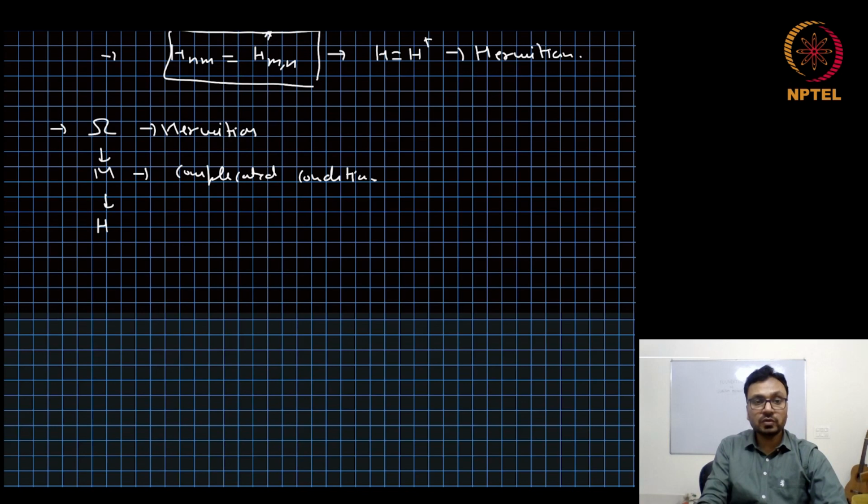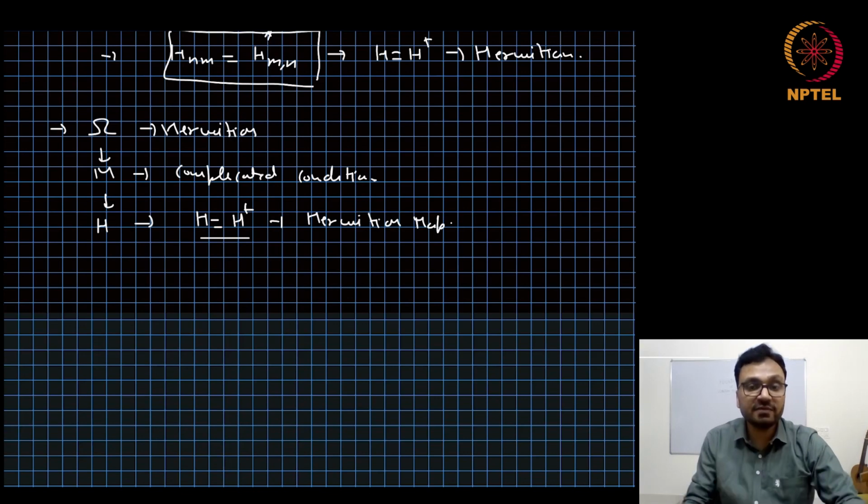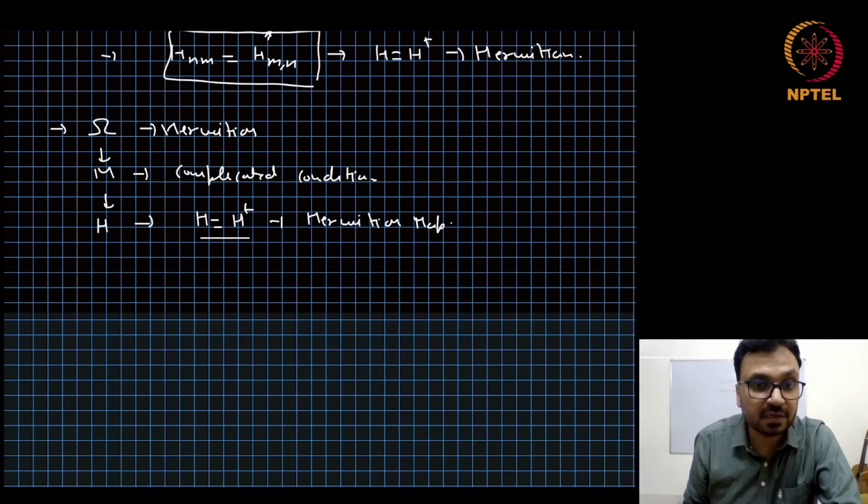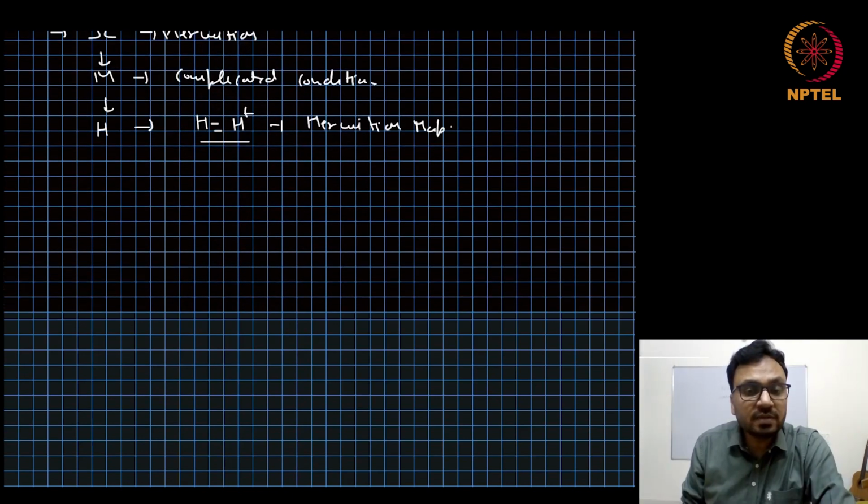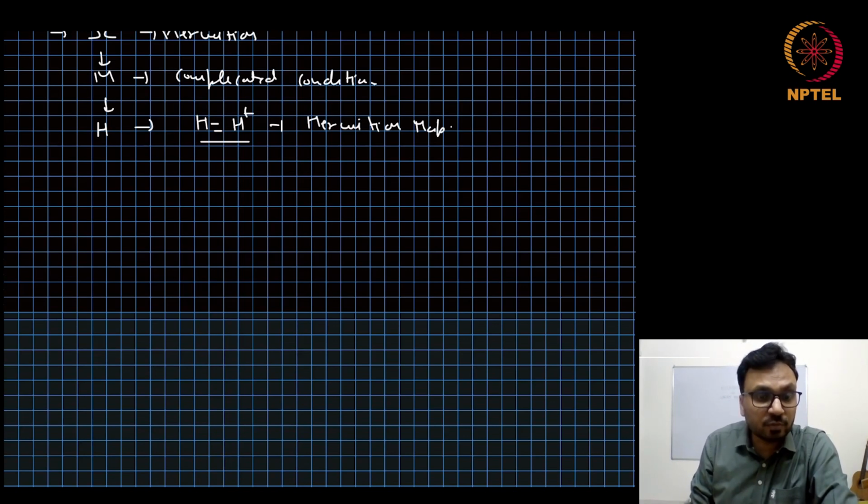From here we go to H and we get a very simple condition, that is, H should be Hermitian for a Hermitian map. So when we go from M to H, it's very straightforward to check whether a given map is Hermitian or not. Next, we will see the relation between the matrices M and H in terms of the location of the elements.